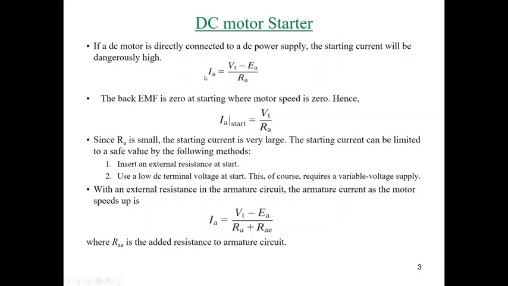The armature current is equal to V terminal minus EA, which is the back EMF, divided by the armature resistance. At the beginning, the speed of the motor is 0. At the starting of the machine, there is no dynamics, so the speed is 0. So we expect that the EMF, equal to Ka phi multiplied by omega, will be 0 also.